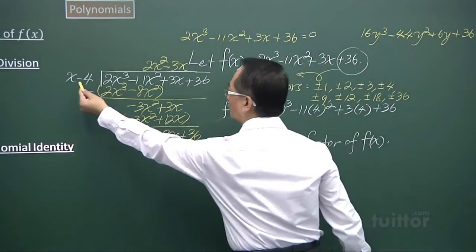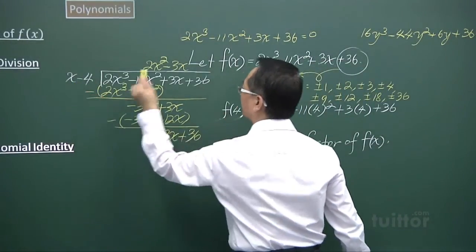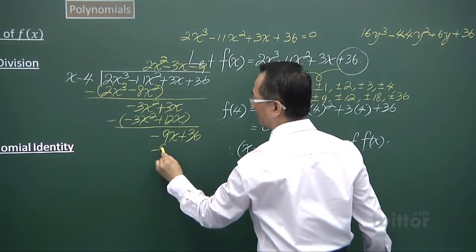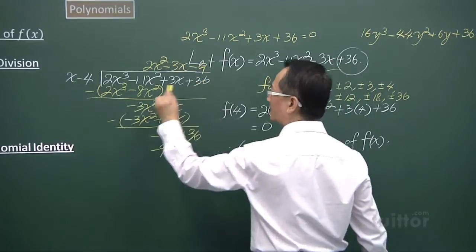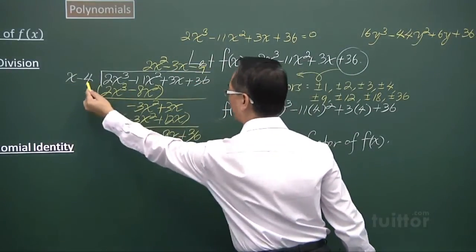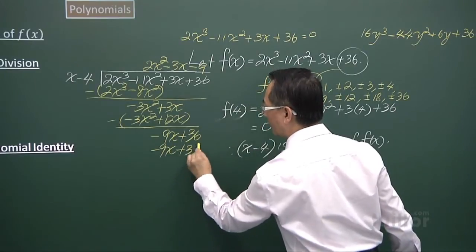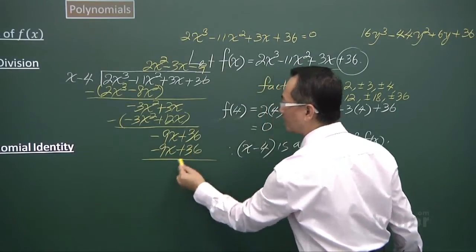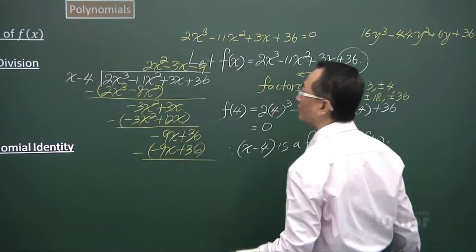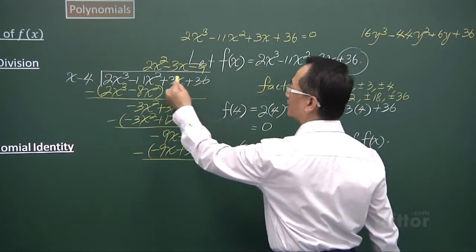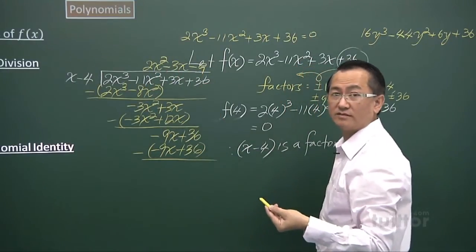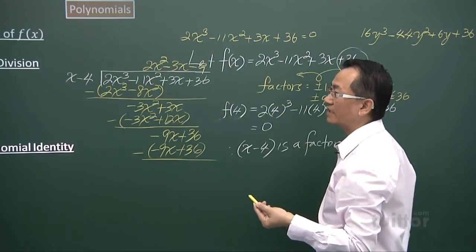So multiply negative 9 by x, negative 9x. Negative 9 times negative 4 is a positive 36. I get a remainder of 0. So this is a quadratic expression, and I can see there are 2 factors in it.